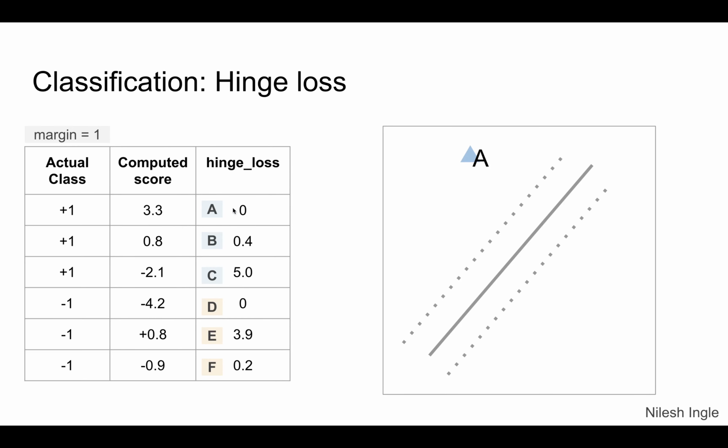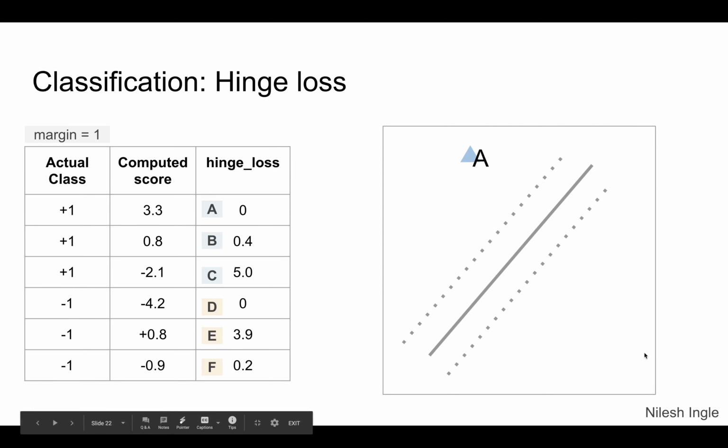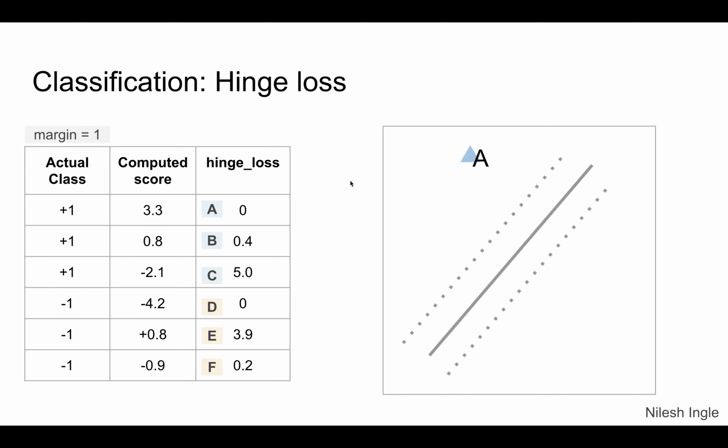For the point A, we have the computed score, which is 3.3, and it's a positive value. Therefore, that point is correctly classified. Let's say the top left is for the positive class and the bottom right is for the negative class. The point A therefore has a hinge loss of 0.